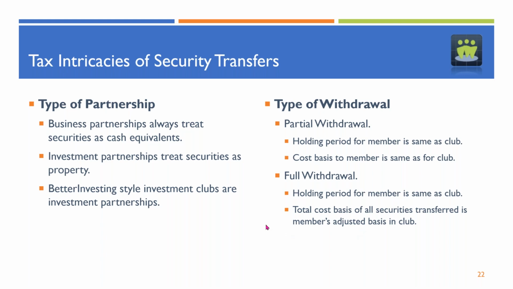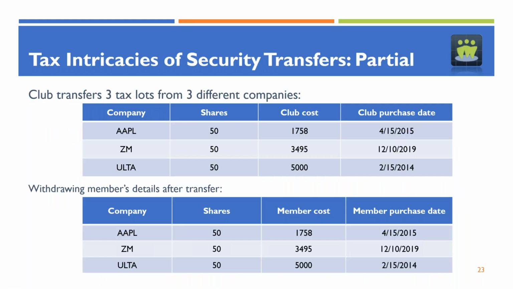The holding period is essentially the date you purchase it until the date you sell it. So the holding period start is the purchase date. In this case, for partial and full withdrawals, it's the day the club purchased the shares, and that would be the start of the holding period in both types of withdrawals.